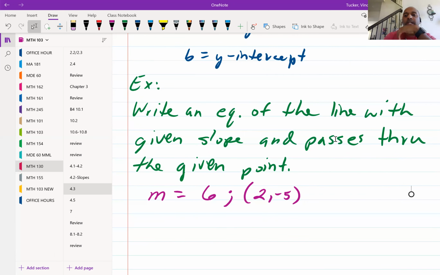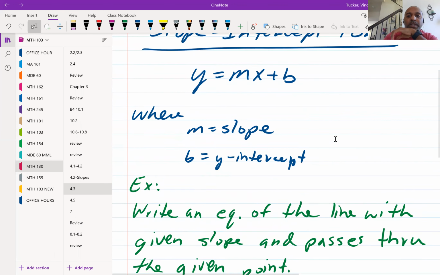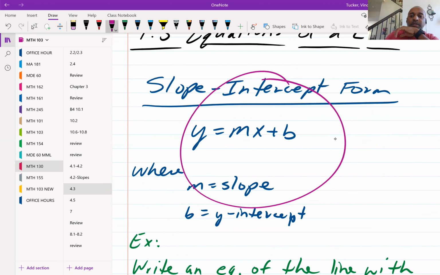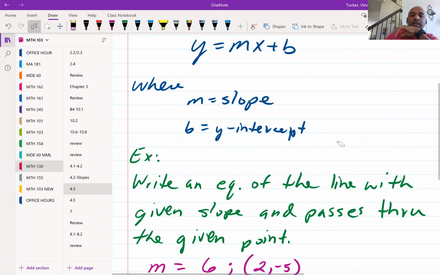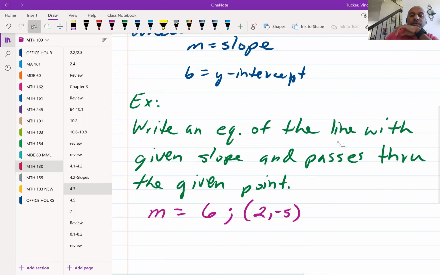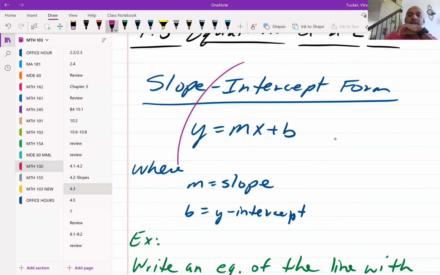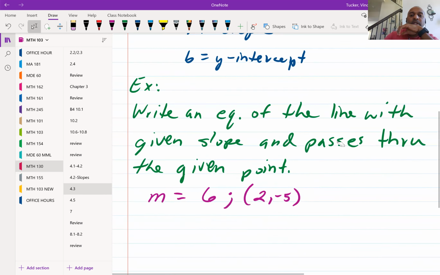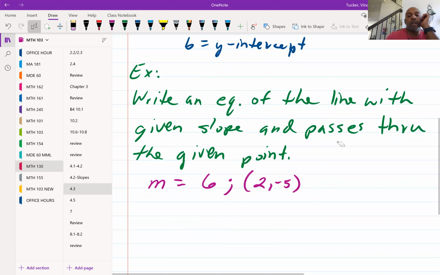Now, in actuality, like I said, they start off talking about slope intercept form, but we did that last class. This equation is going to lean on another form, but I'll just remind you that when they say slope intercept form, that's what they're talking about. Now, this one says write an equation of a line that passes through the given point with the given slope.